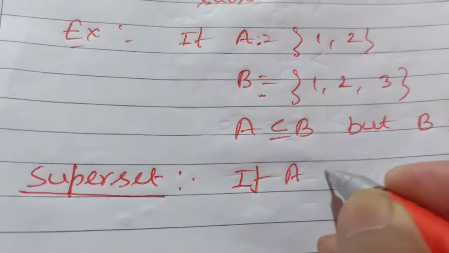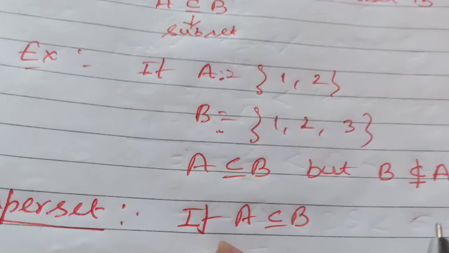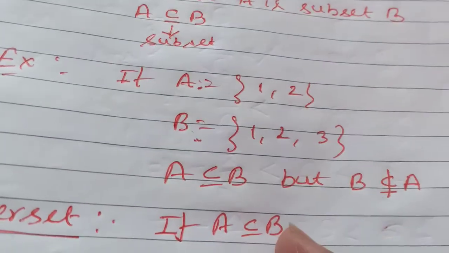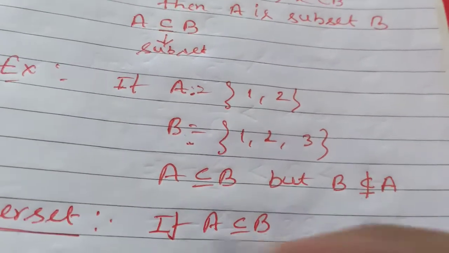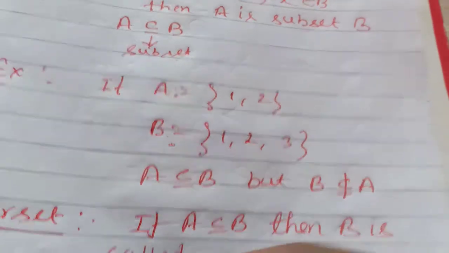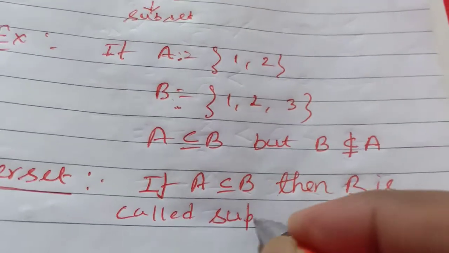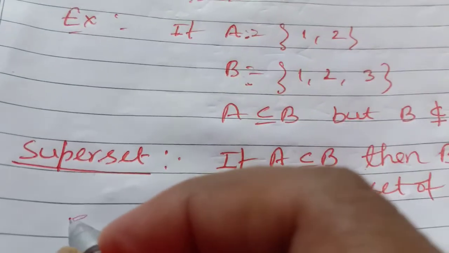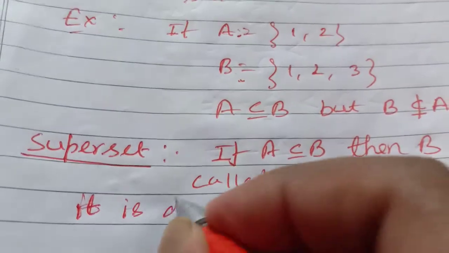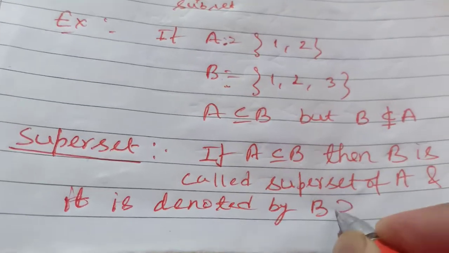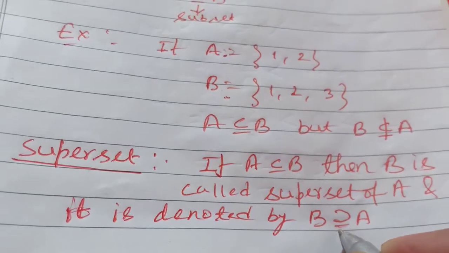If A is a subset of B, it means all the elements of A lie in B. If A is a subset of B, then B is called a superset of A, and it is denoted by B superset A. That is the symbol of superset.